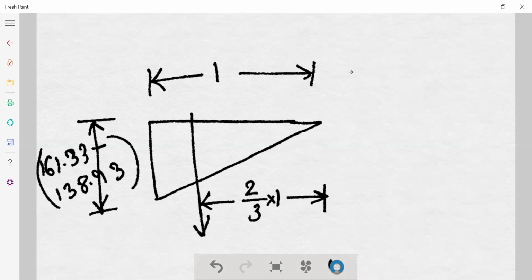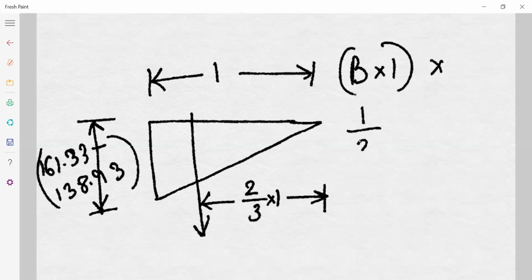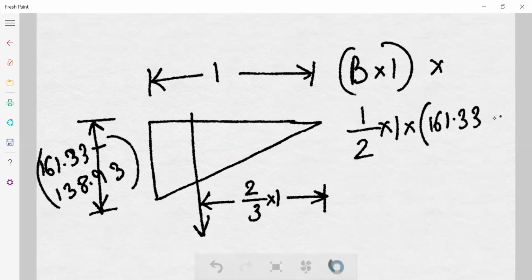So now we'll be doing the calculation here. So area is B into 1, width into length, into, since it is a triangular load, so we'll be doing the half into base into altitude. Half into base is 1 into altitude is 161.33 minus 138.93 into 2 by 3.